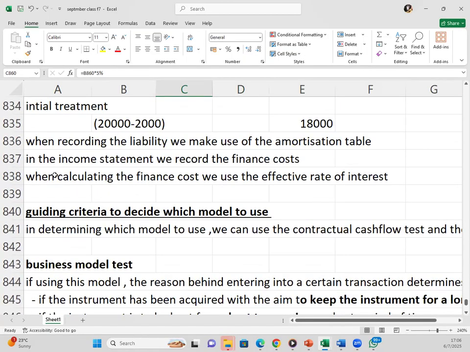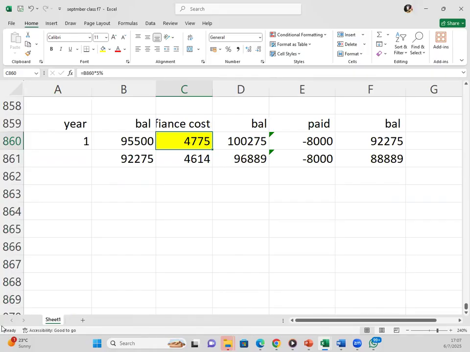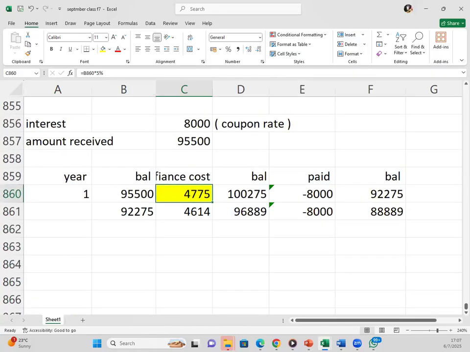Then after that, when calculating, the finance cost is the effective interest rate. In the income statement, we record the finance cost. So the amount we are going to record for this loan is not the 8,000, but it is the 4,775. So it is not the 8,000, I repeat. The interest is the finance cost.